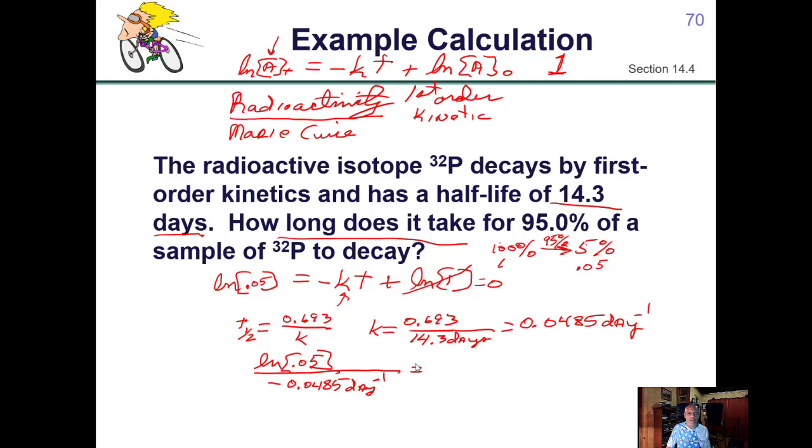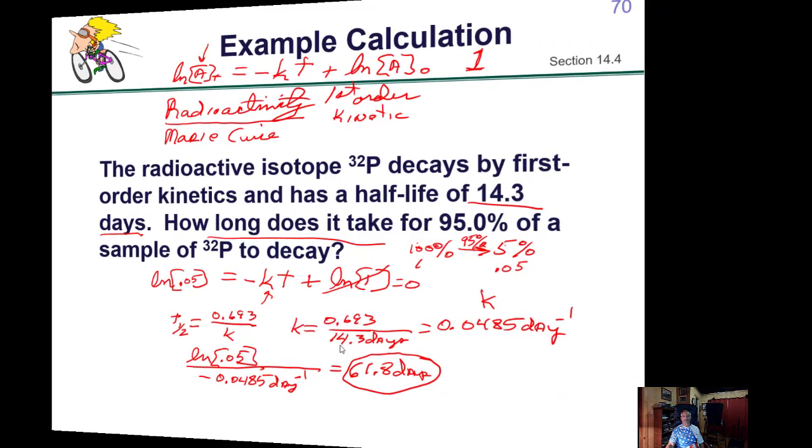That is going to give me my answer in days, and it looks like I wind up with 61.8 days. All right, if you had problems with that, just go back and take another look at it. Once you realized it was a first order reaction, we used the half-life to determine the rate constant. That's a common thing that you might encounter in these types of problems.